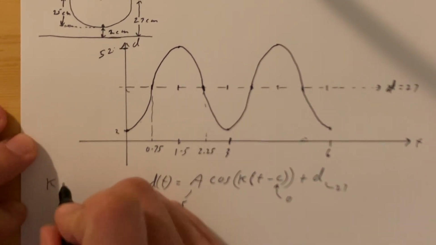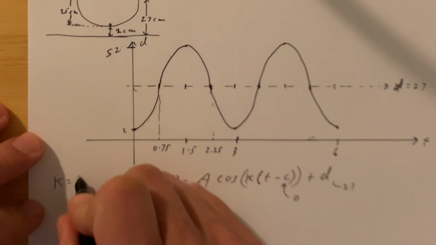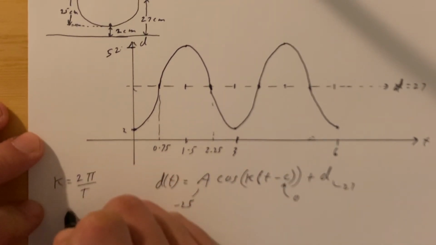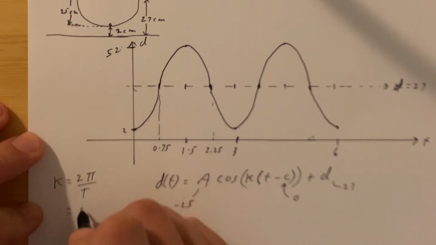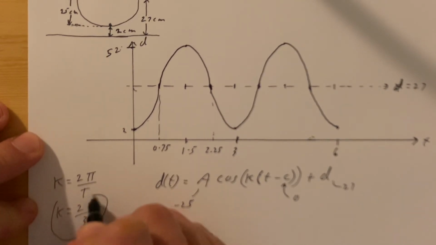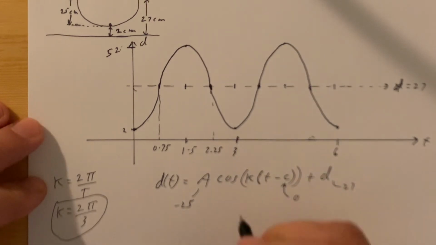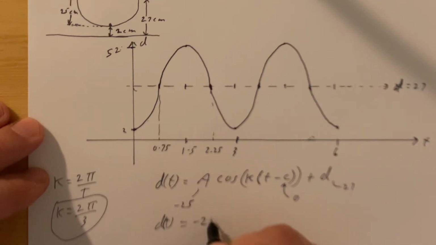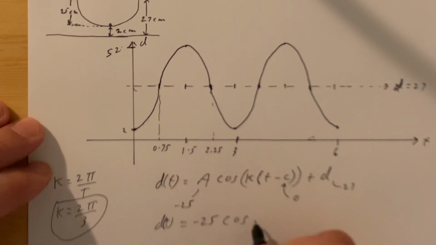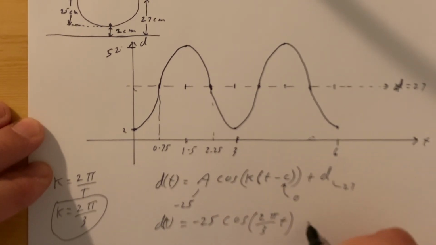So k, as we recall, equals 2 pi over the period, which is 2 pi over 3, and that would be the best way to leave it. Okay, so d of t equals negative 25 cos(2 pi over 3 t) plus 27. Okay, that would be the function for this graph.